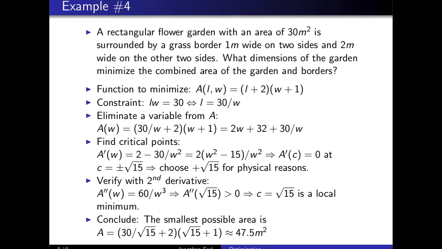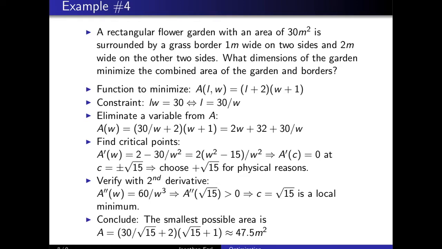Okay, so then we're looking for the places where the derivative is 0. And the derivative is going to be 0 at plus and minus square root of 15. We'll ignore the negative one also for physical reasons, because that would mean that the width was negative, and we'll mandate that any length be positive valued.